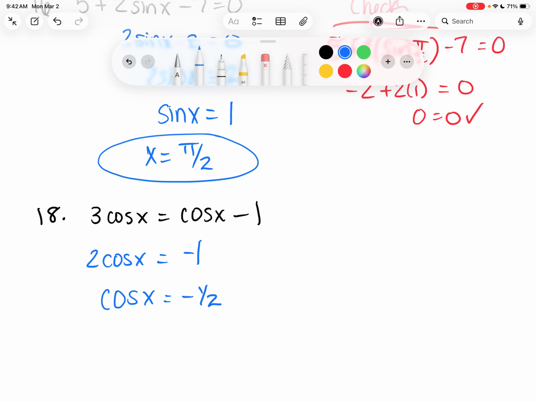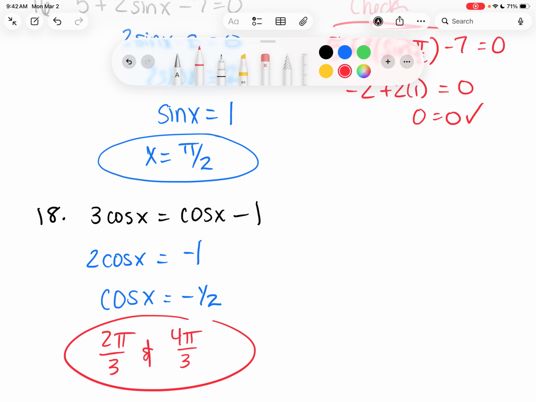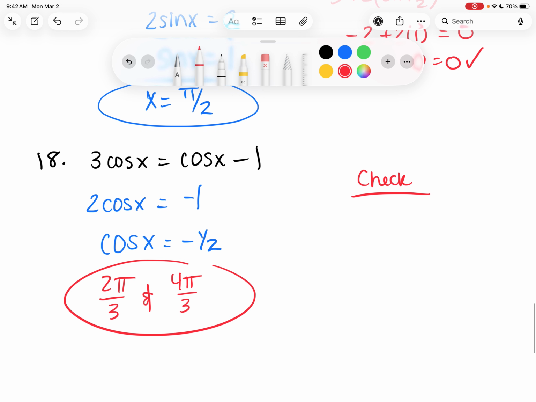2 pi over 3 and 4 pi over 3. Now, a lot of times you really only need to check one of them. So I'm just going to check the 2 pi over 3 one. We've got 3 times the cosine of 2 pi over 3 is equal to the cosine of 2 pi over 3 minus 1.